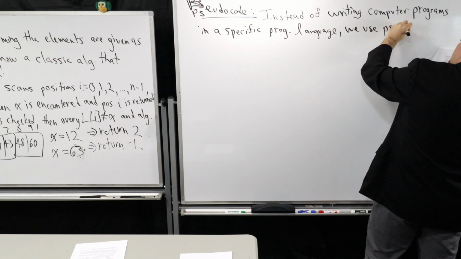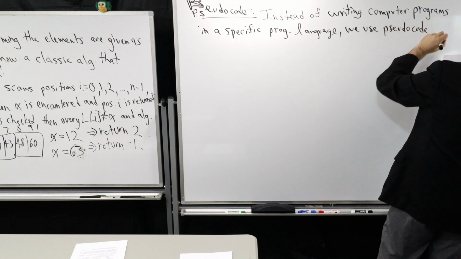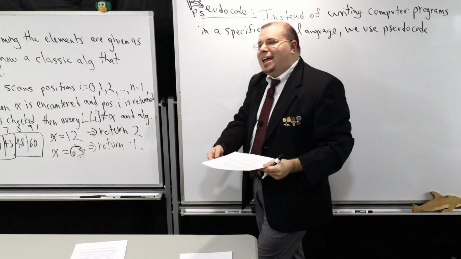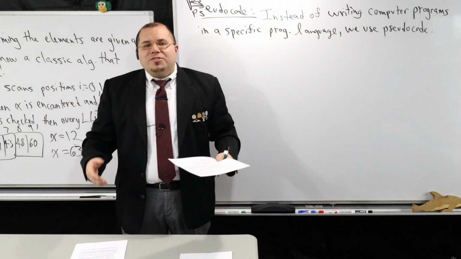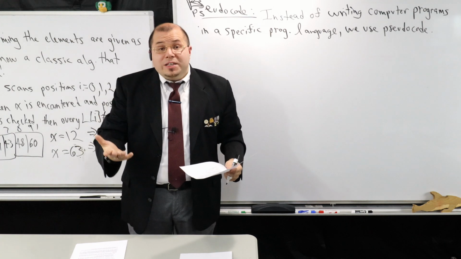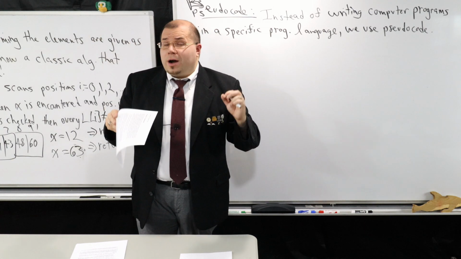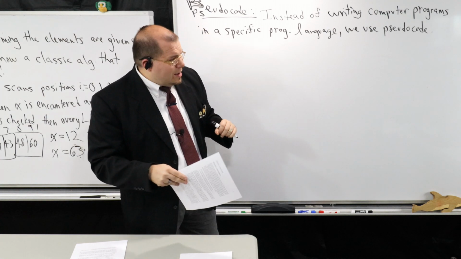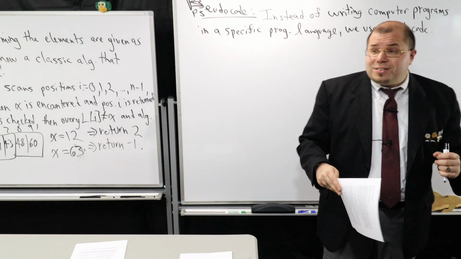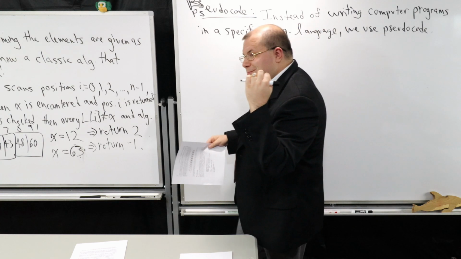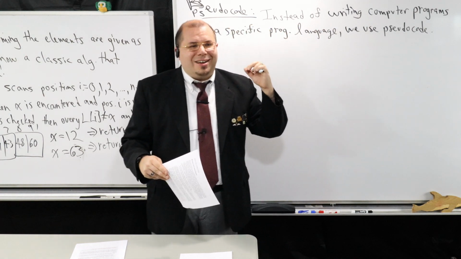Now, you might ask, Dan, is there some convention to pseudocode? You've got to think about pseudocode as something that's meant for humans to read, as opposed to something that's specifically for a computer to read. So it should be unambiguous, but it's meant for a reader, not necessarily a computer.